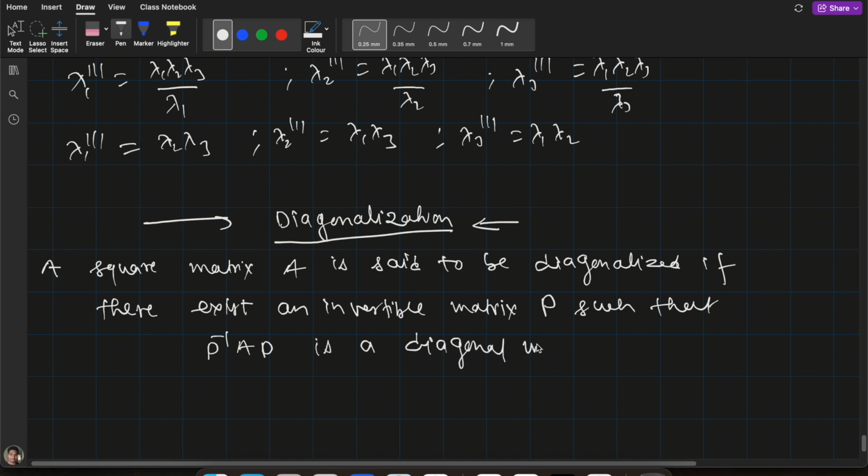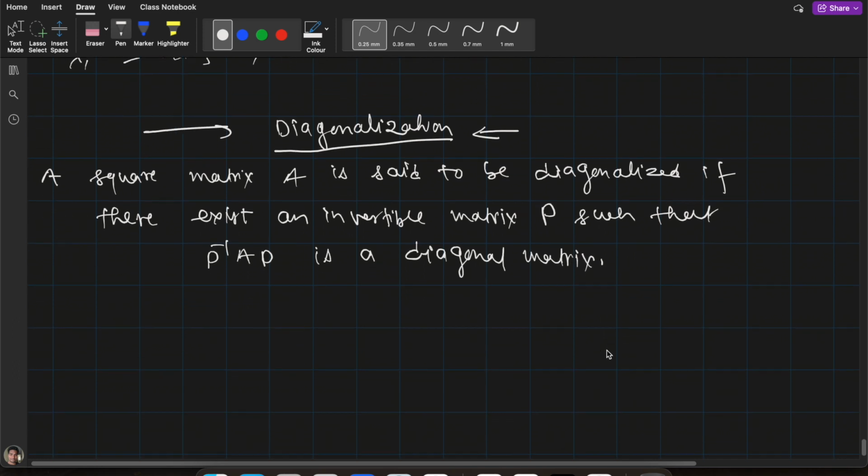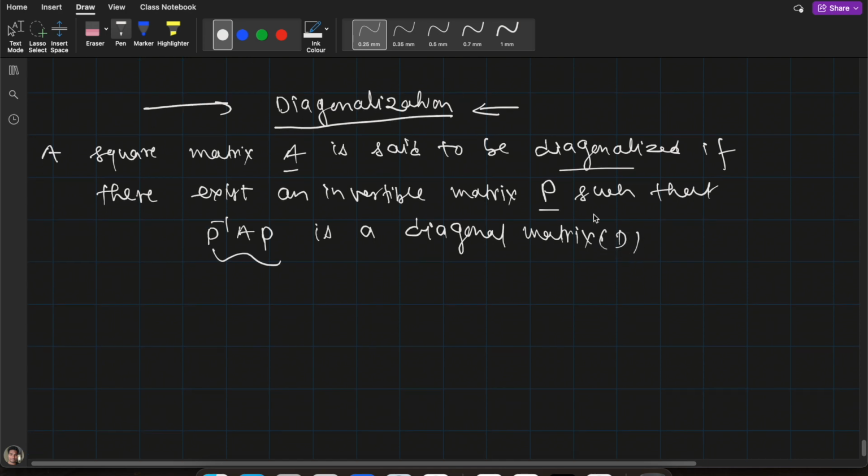What is it saying? It is saying that any matrix can be diagonalized if there exists an invertible matrix P such that if you pre-multiply A with P inverse and post-multiply with P, that will result in a diagonal matrix D. Then we can call A a diagonalizable matrix, and this process is called diagonalization.